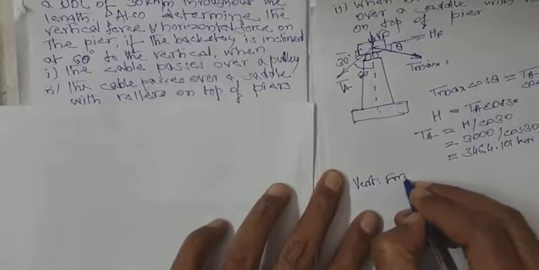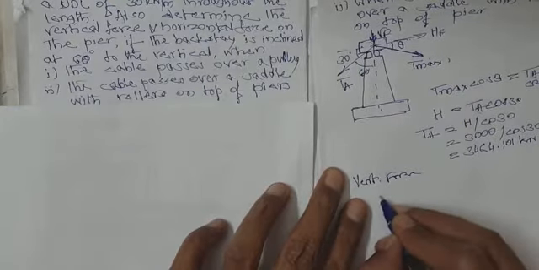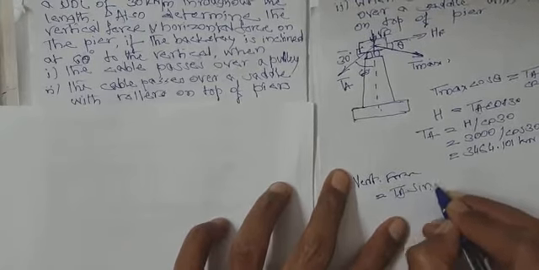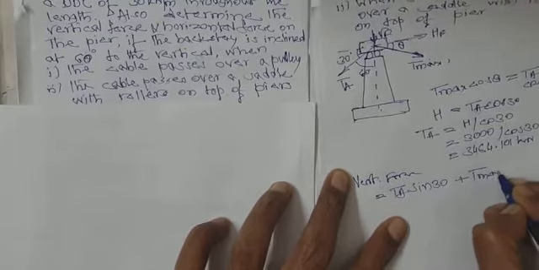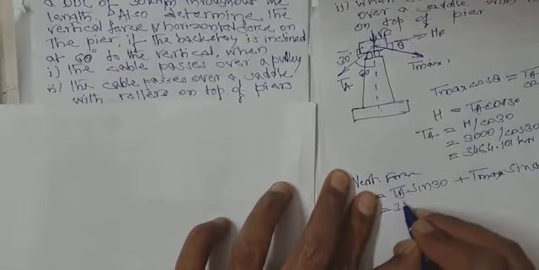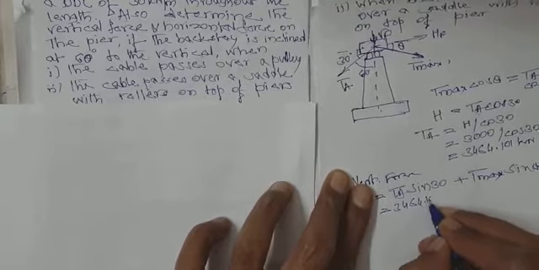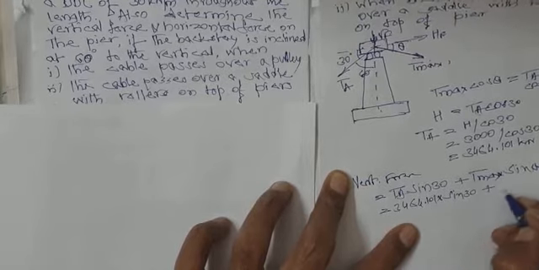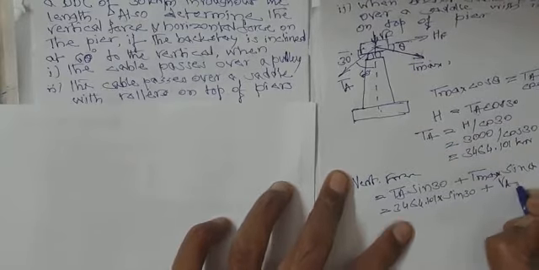How do you calculate the vertical force? The component of this and the component of this in the vertical direction. That is, vertical force is equal to TA sin 30 plus T maximum sin theta. TA is 3464.101 into sin 30, plus T maximum sin theta, the vertical component, which is nothing but the reaction, that is VA.